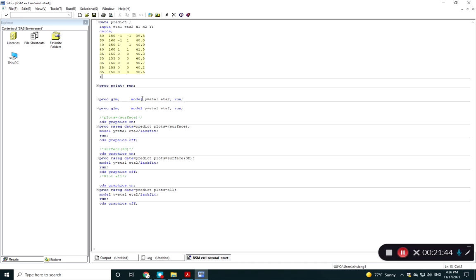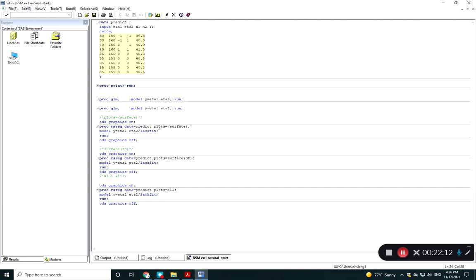Here I'm showing you several different ways to model this. One is just using GLM. Since there's no class variable, model y equals x1 x2. That means what? Model that just like a regression. Or you can model that using RSREG, which is response surface regression. Okay?